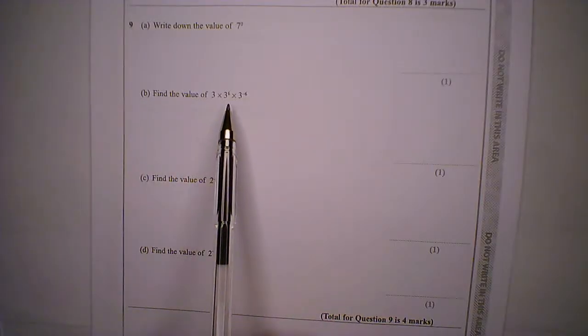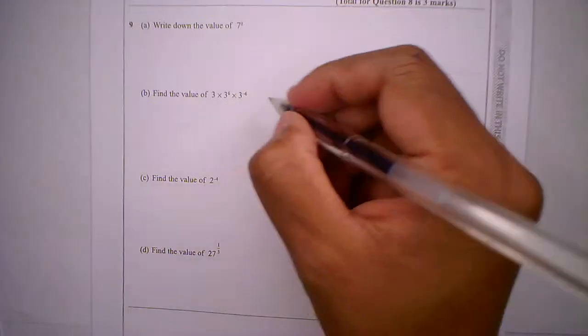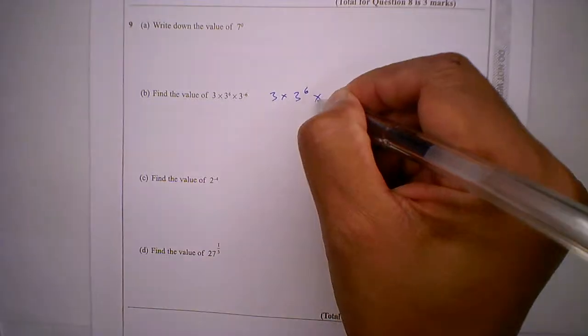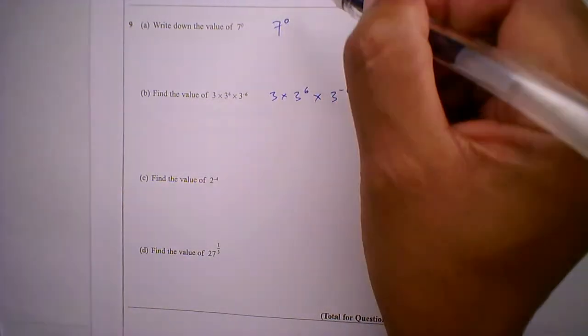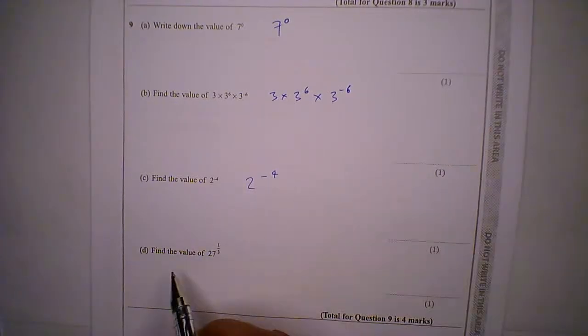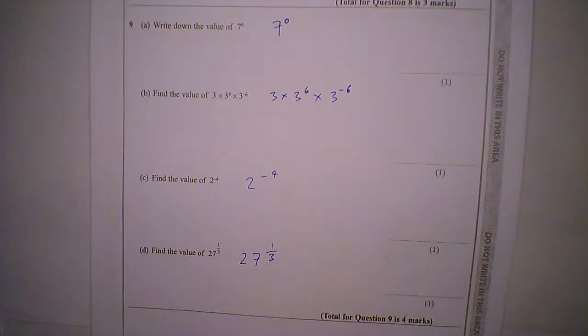Find the value of 3 times 3 to the power 6 times 3 to the power minus 6. Find the value of 2 to the power minus 4. Find the value of 27 to the power a third.